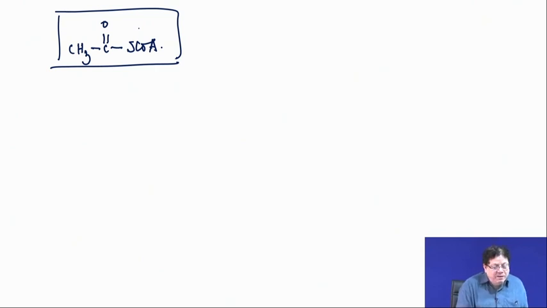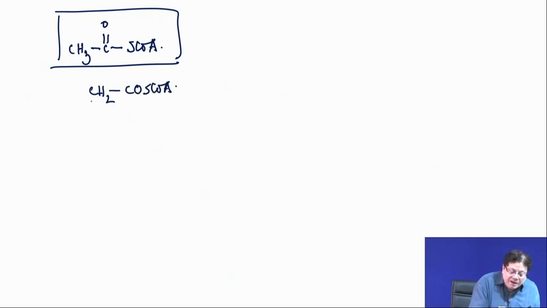One of the starting points is acetyl coenzyme A. And because it contains a smaller number of carbon atoms, it needs another component so that there is a reaction between the two. What is the other component? Usually the other component is CH2, CO, S, CoA and C double bond OH.